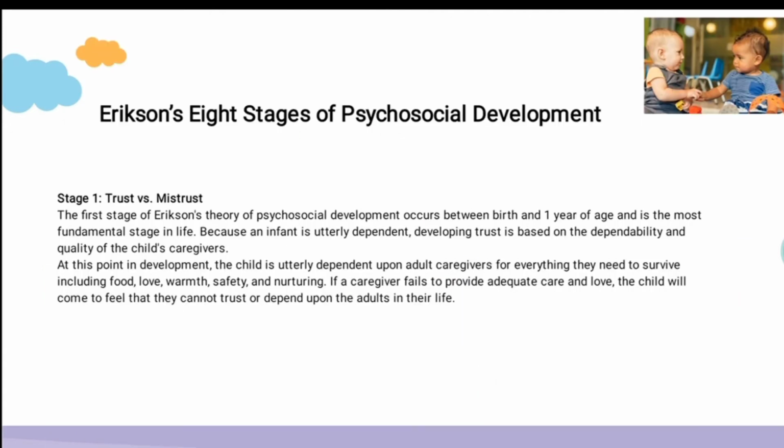Let's start with stage 1 of Erikson's stages of psychosocial development. In stage 1, it is trust versus mistrust. The first stage occurs between birth and 1 year of age, which means it is infancy. It is the most fundamental stage in life because an infant is utterly dependent.